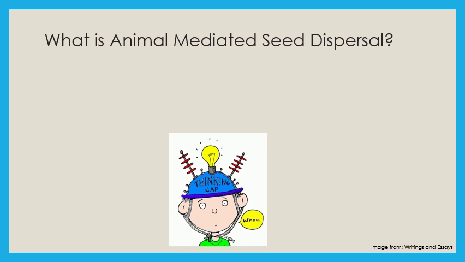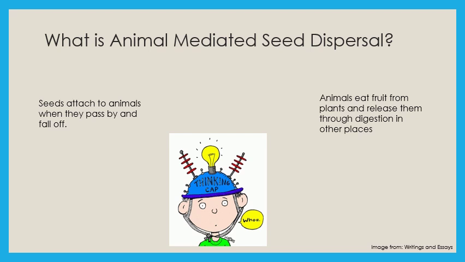So maybe the animal is taking the seed and throwing it away from the plant. This can happen when seeds attach to animals when they pass by and then the seeds fall off. It can also happen when animals eat fruit from the plants and release those seeds through digestion in another place.